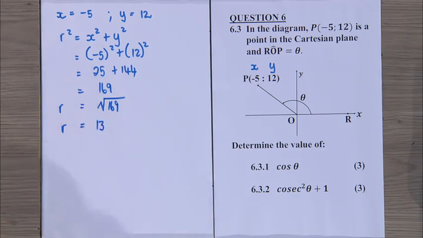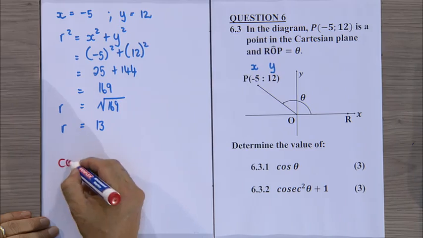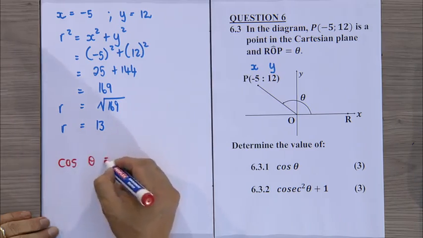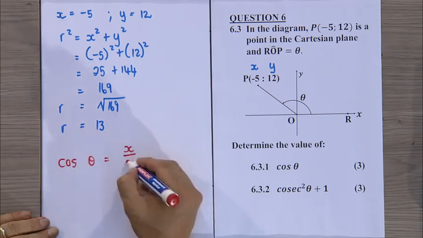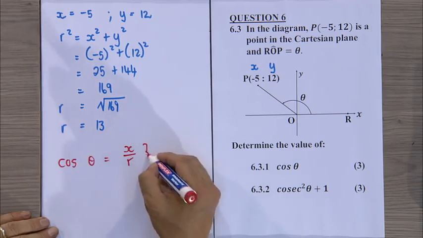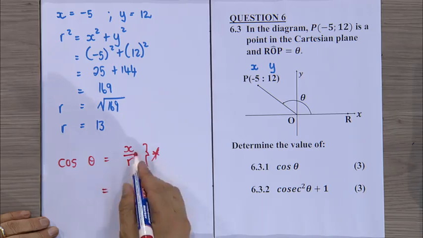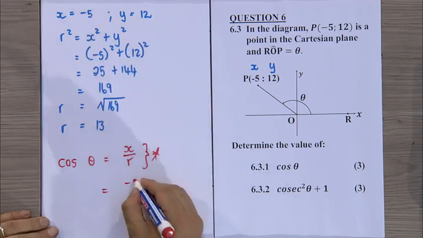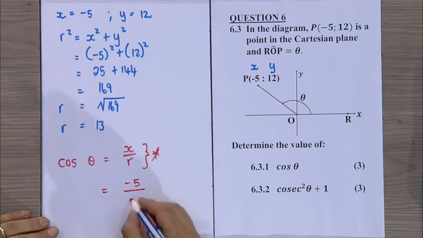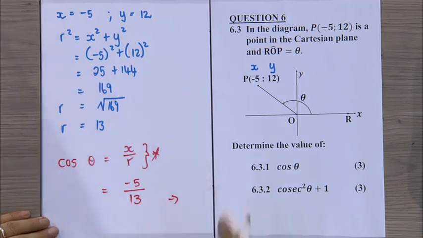Now, if I need to calculate the answers, what is cos of x? Cos is x over r. Can you see how important this is, grade 10s? So if you have x over r, what is x? X is minus 5. What is r? 13. Voila! There we have the answer.